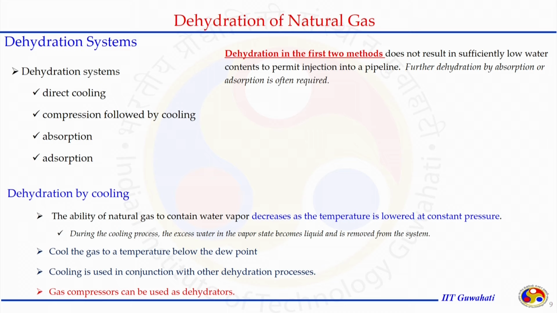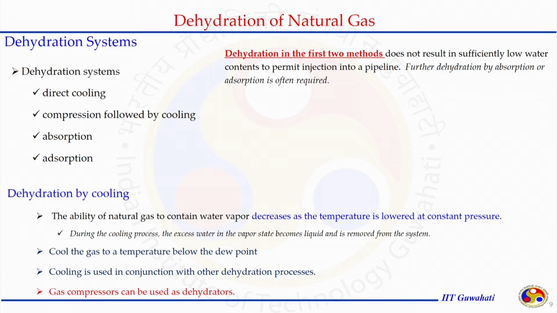So, for example, when we are pressurizing the natural gas, again we will go to the two phase envelope system, where the water molecules will come out from the gas phase under high pressure condition, and by further cooling it, we can get the water separated from the natural gas.